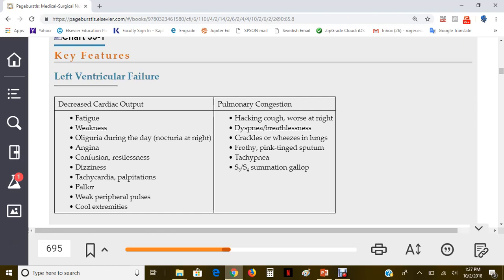And because it's also responsible for receiving oxygenated blood from the lung, heart failure will result in backflow of blood from the left ventricle to the left atrium and then eventually into the lungs. Therefore the patient will also manifest pulmonary congestion signs and symptoms. So let's explain each one.